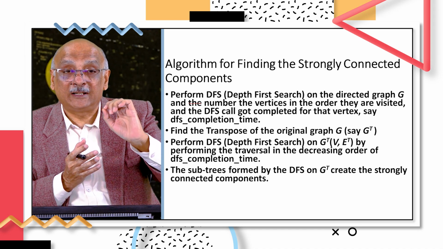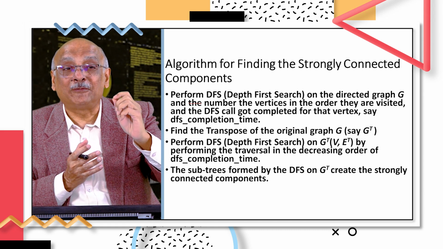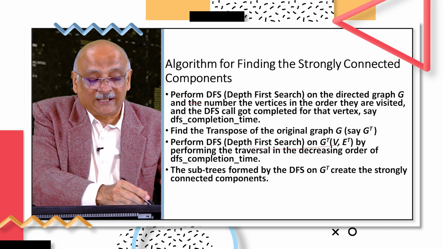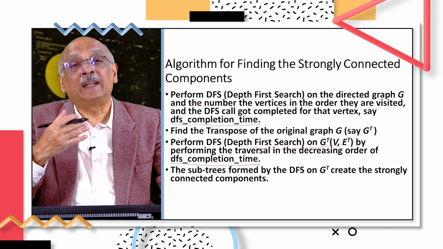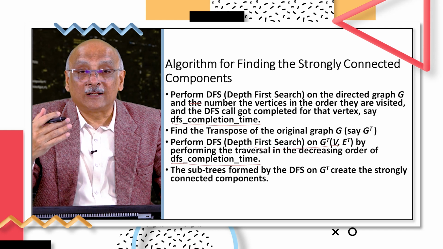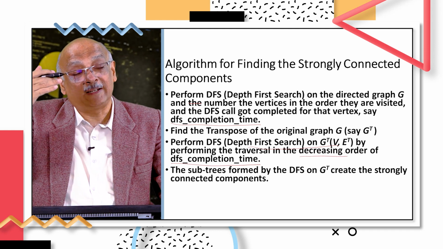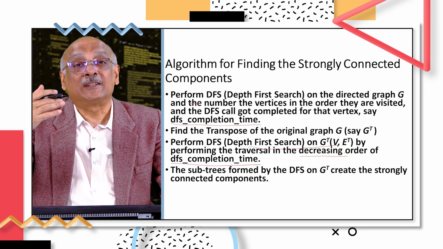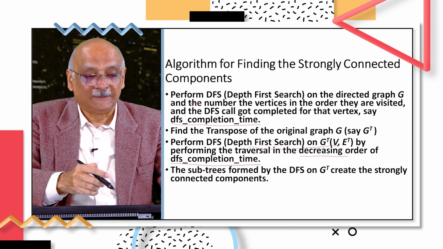The DFS completion time which we marked in the first step is now used to identify which got finished last, and the order is decreasing. So we will start with the highest node, the node for which the DFS was completed at the end.